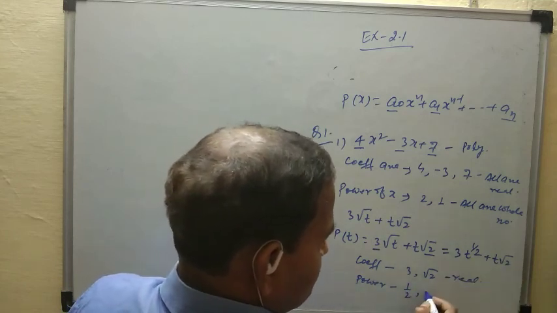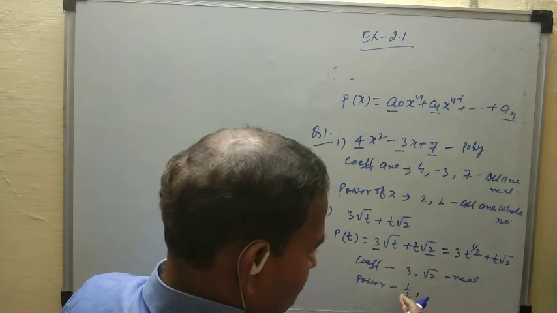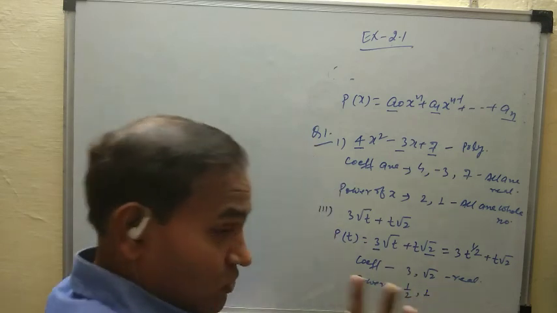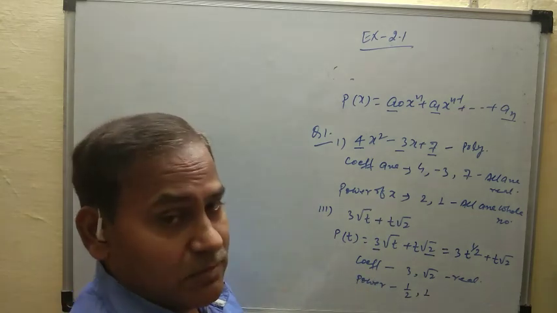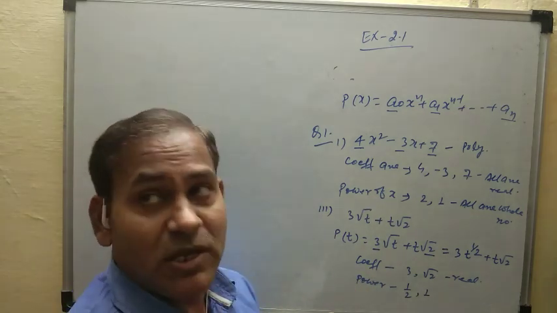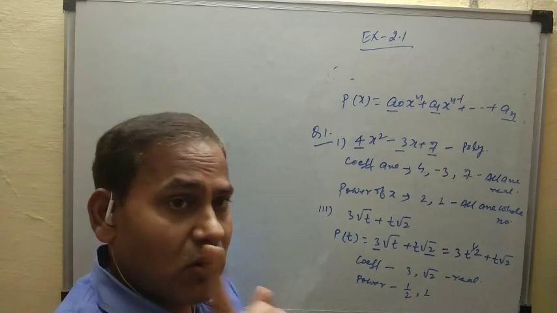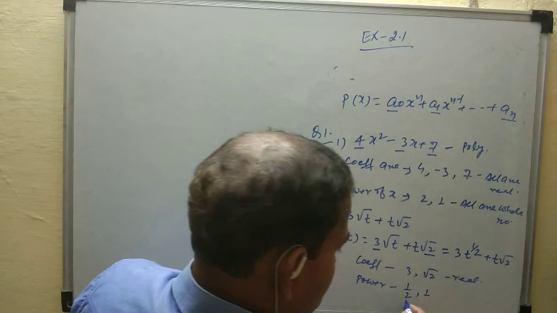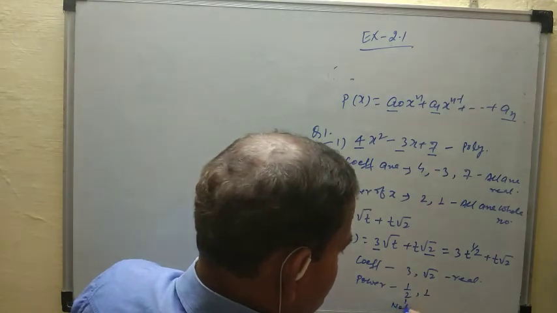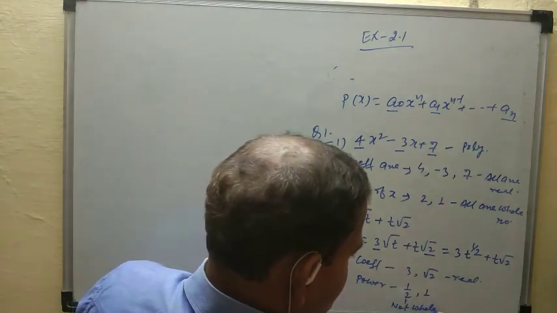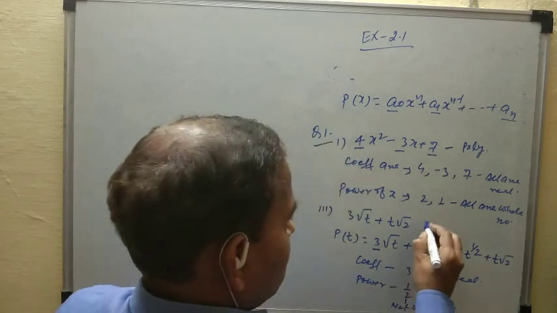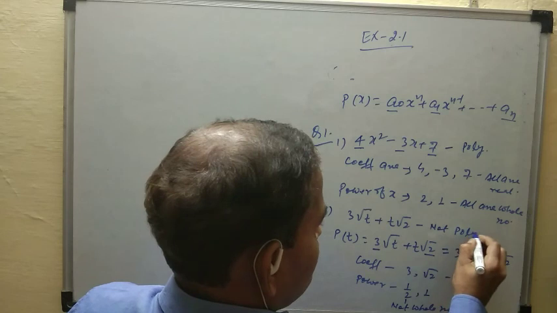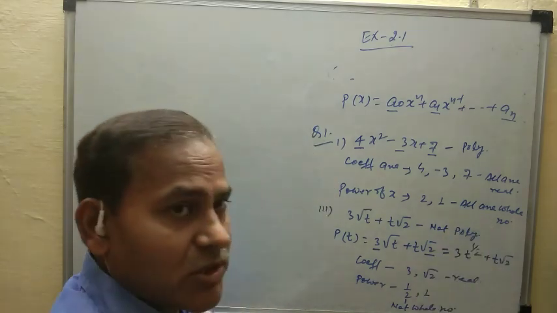Here power of t is 1. But this power 1 by 2 is not a whole number. For a polynomial, the power of all variable terms should be a whole number. So therefore, this is not a polynomial.